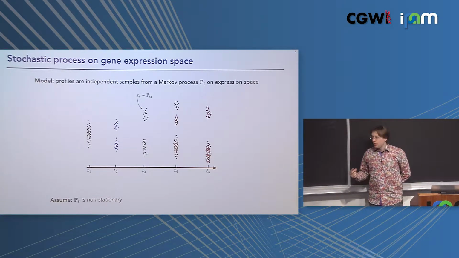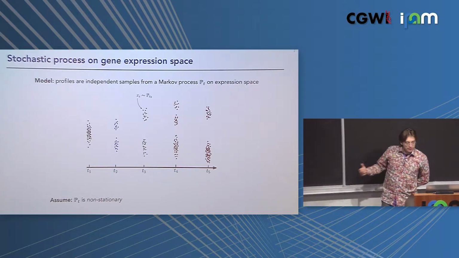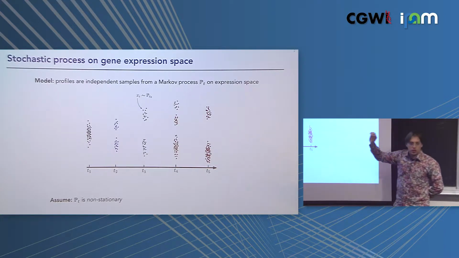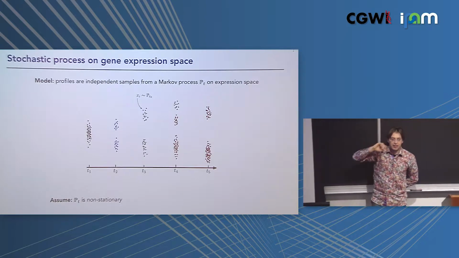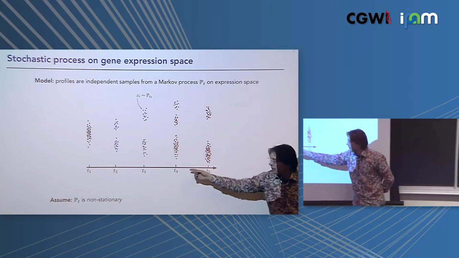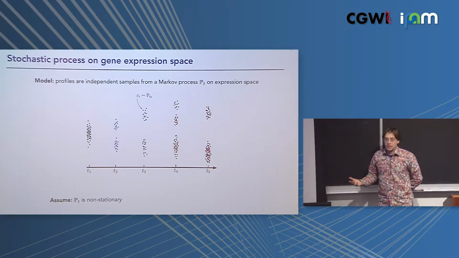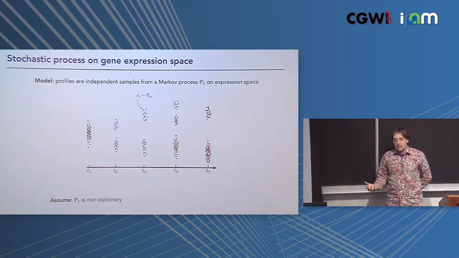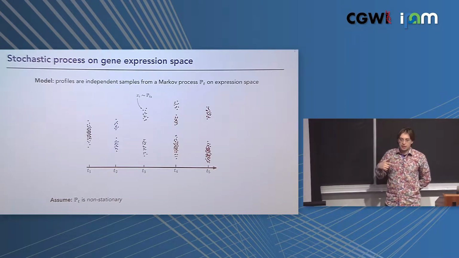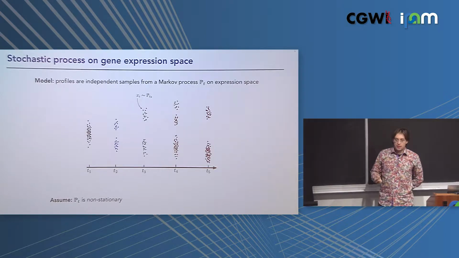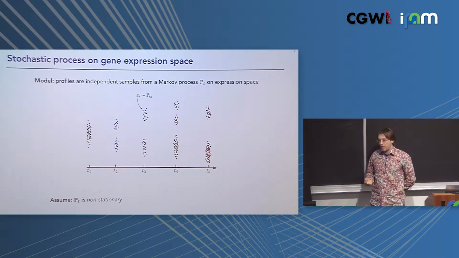Here, the y-axis in this graph is actually 20,000-dimensional gene expression space, and this is one-dimensional time on the x-axis. It's 20,000 dimensions because there are 20,000 genes. All your cells have the same DNA, but they use it in different ways by expressing different genes. There's a dimension for each gene, and the value of the cell along that coordinate is the number of molecules of mRNA.